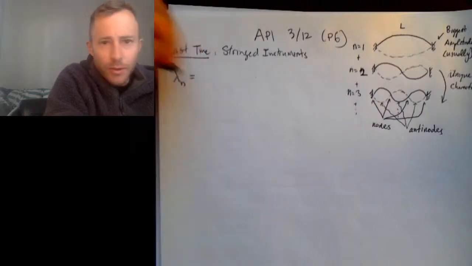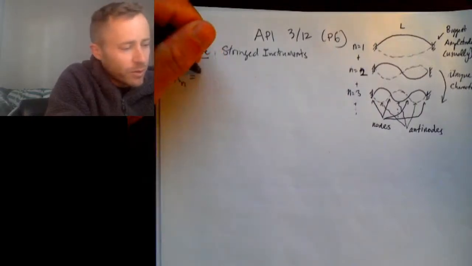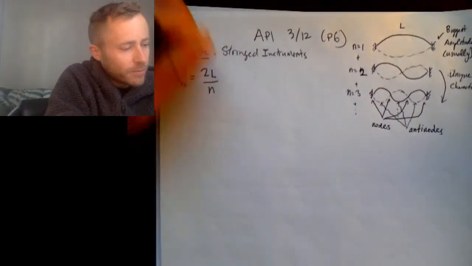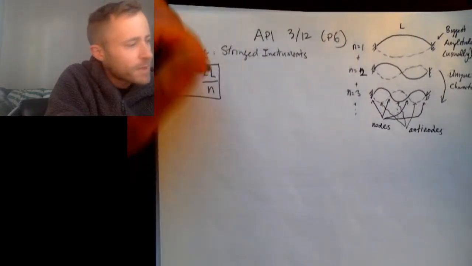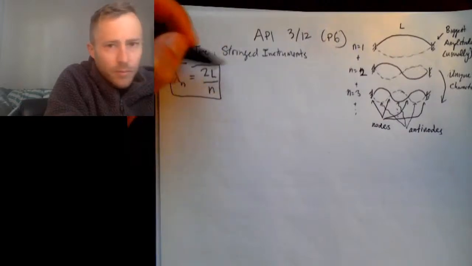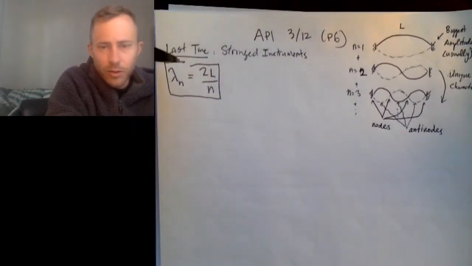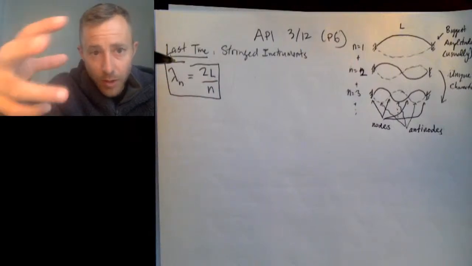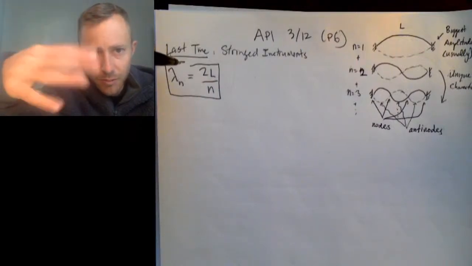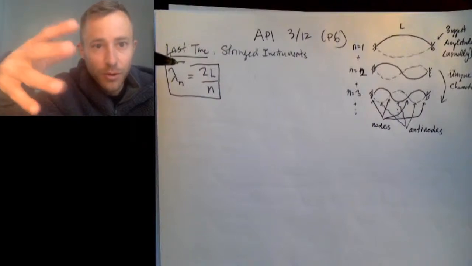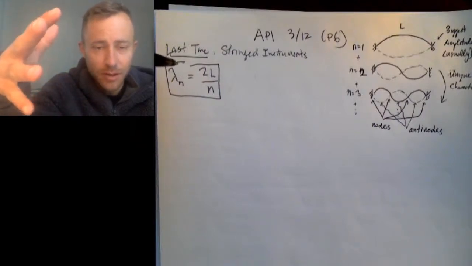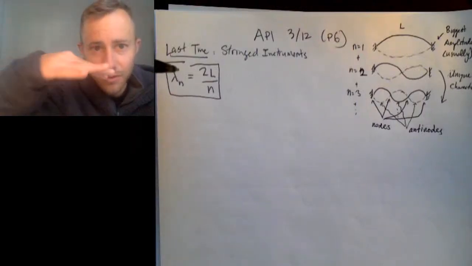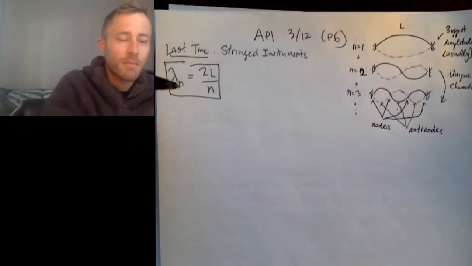The equation we came up with was that the wavelength of the nth harmonic is 2L over n. Of course, we don't usually visually see the wavelength, because the string is vibrating very rapidly with a very small amplitude, so it's hard to even see the motion of the string.